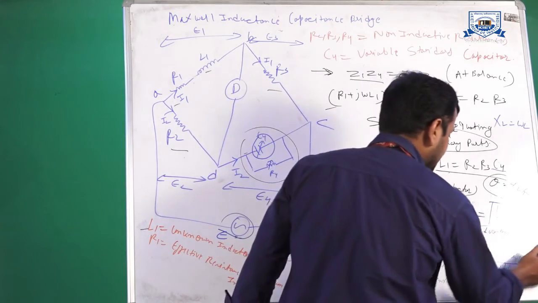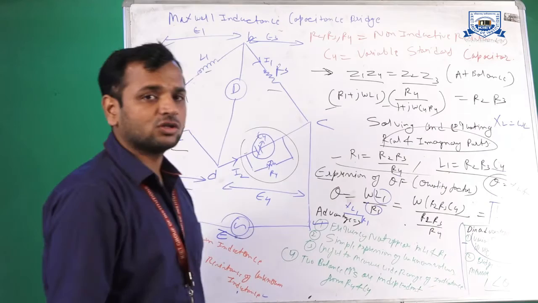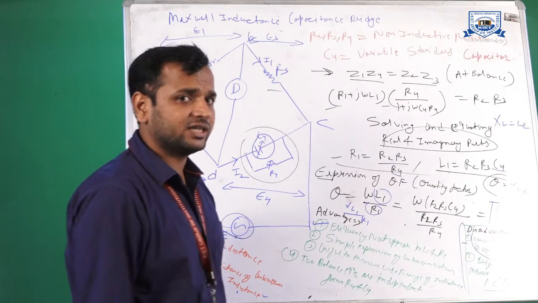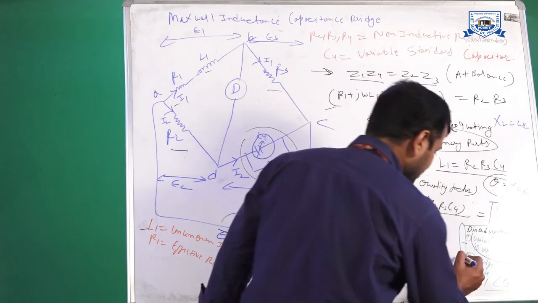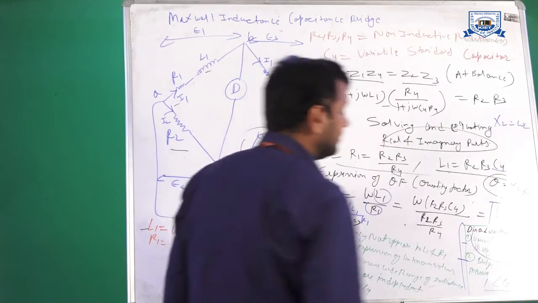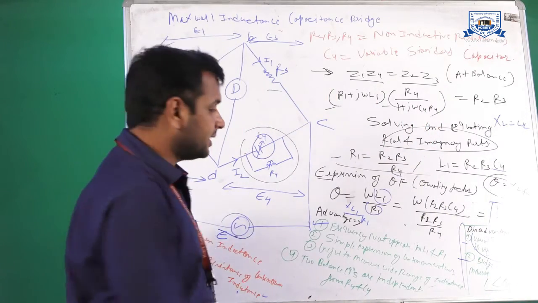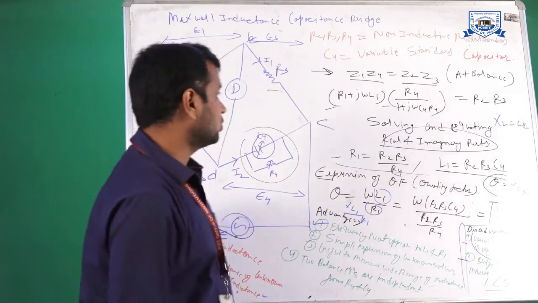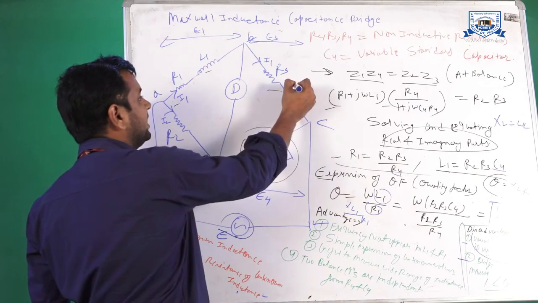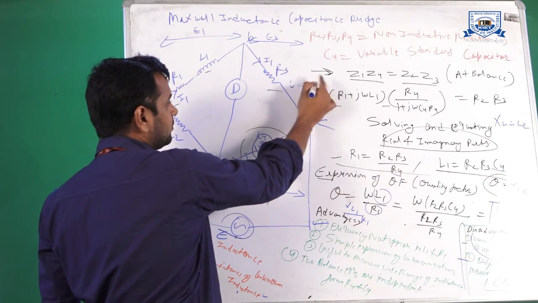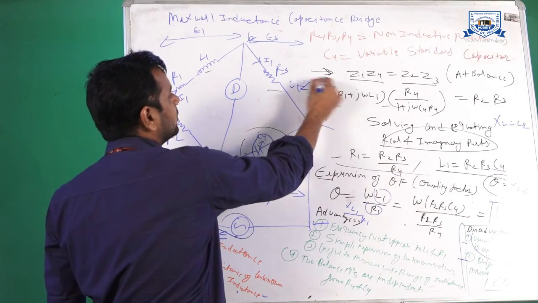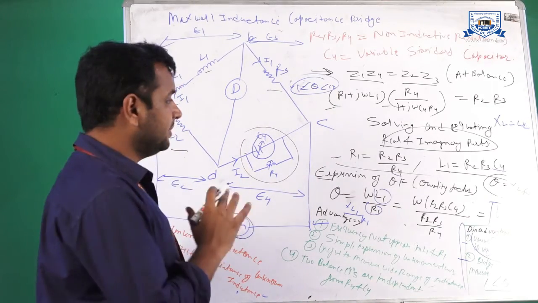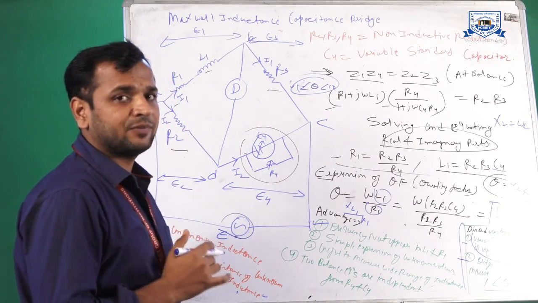That is one of the disadvantages of the Maxwell inductance capacitance bridge. And the second one is that the bridge is limited to measuring a quality factor only between 1 and 10. That is the limitation of this bridge.